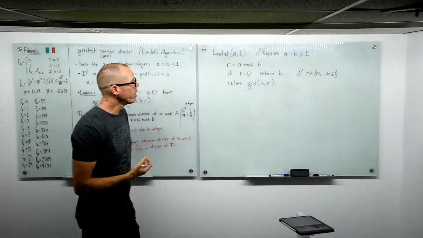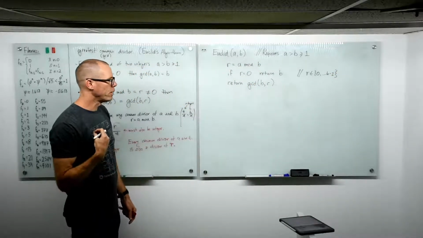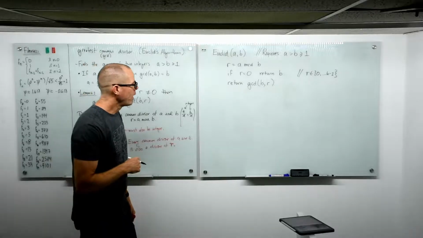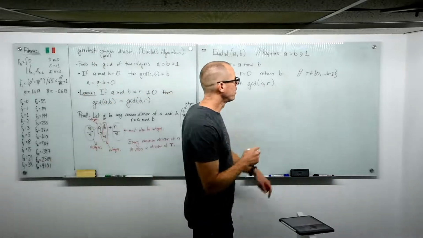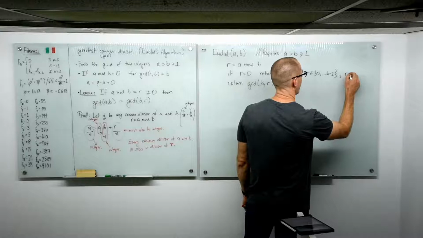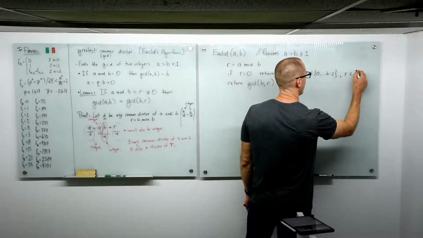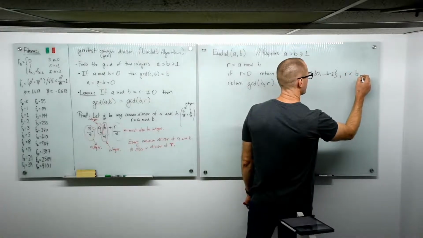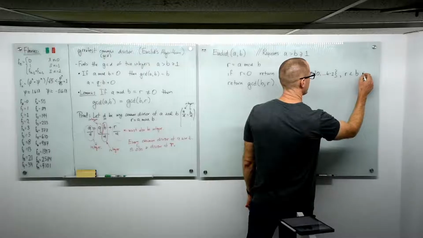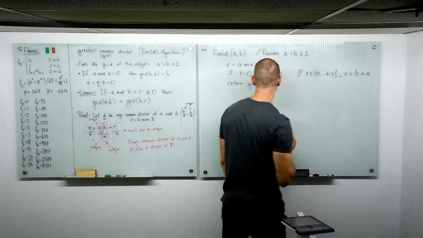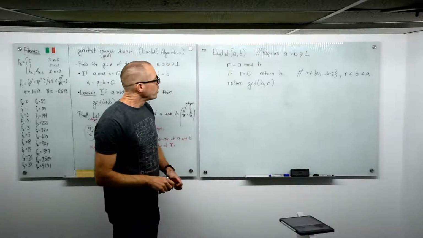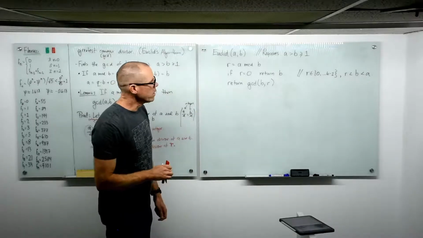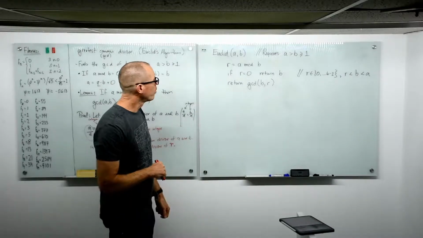The remainder, when I divide by B, is a number that is smaller than B. And in particular, R is less than B, which means that it's also less than A. So the arguments to GCD get smaller, right?